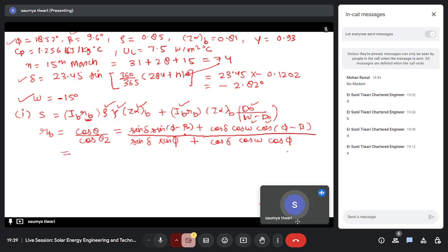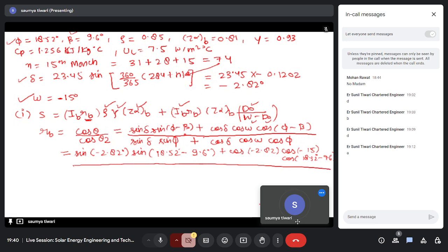So if we put the values, sine delta, your declination angle, is minus 2.82 degrees. Sine phi is 18.52 minus your beta, which is 9.6 degrees, plus cos delta, minus 2.82, cos omega, minus 15, and cos phi minus beta, where phi is 18.52 minus beta 9.6.